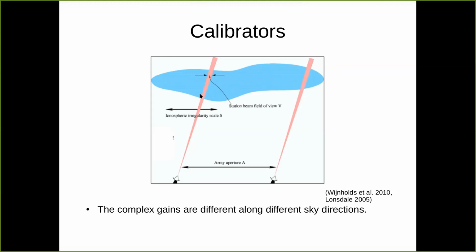So you want the calibrator, a bright point source with known flux density, near the target field, because complex gains can have different values along different sky directions.